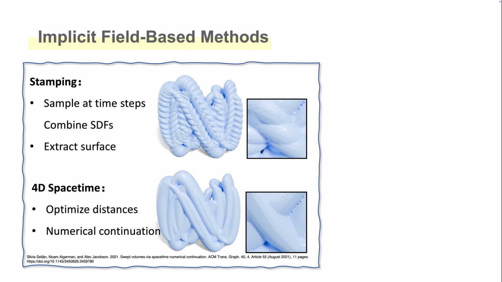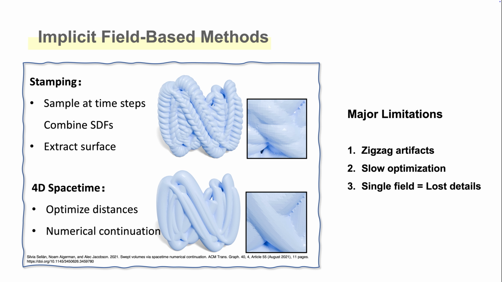But these approaches also have significant limitations. Stamping produces zigzag artifacts due to discrete temporal sampling. You can see these stair-step patterns in the zoomed view. The optimization in 4D methods is slow, and can get stuck in local minima. Most critically, both use a single distance field per spatial element, which means they lose geometric details at trajectory intersections.